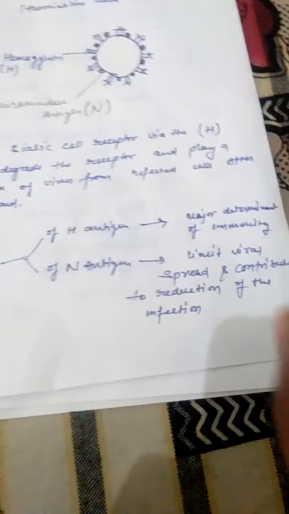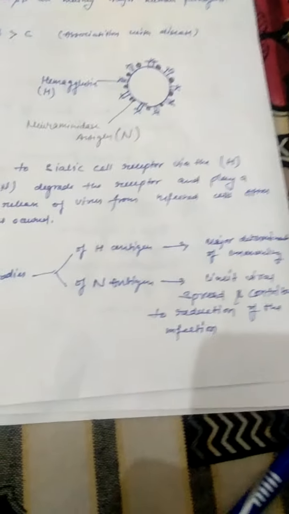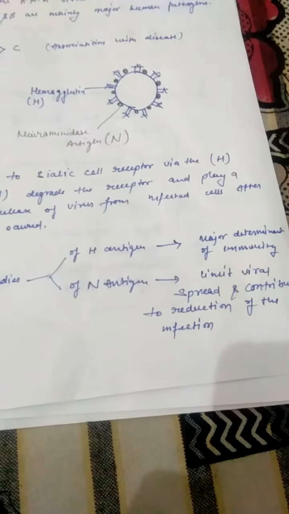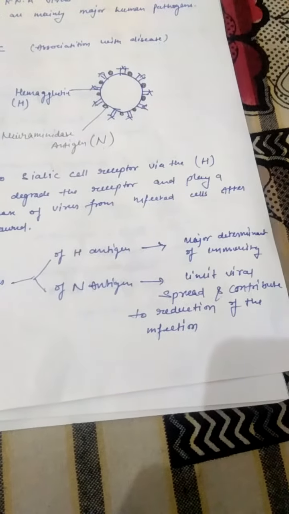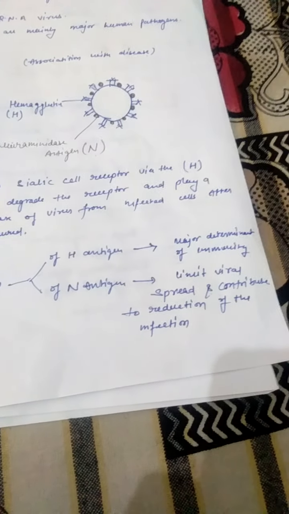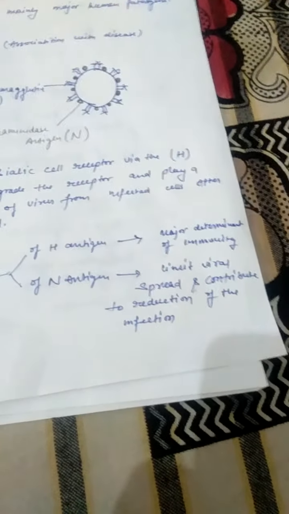So first we are clearly saying that if the H antibody is generated, that shows our immunity. If the N antibody is generated in response to the N antigen, that shows transmission is occurring, because the antigen degrades the receptors and they replicate. Okay, got it.